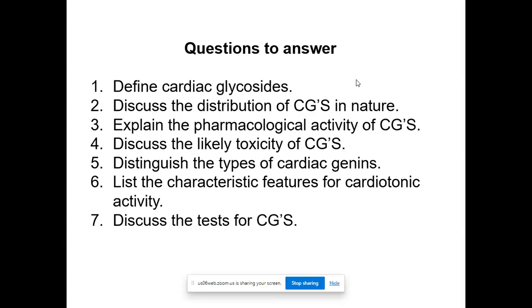The tests we mainly covered for cardenolides. Tulisema kuna key reagents, which is the nitrobenzoic acid, and then it changes color to pink, purple, or violet. For Raymond, we have metadinitrobenzene; the color is orange.